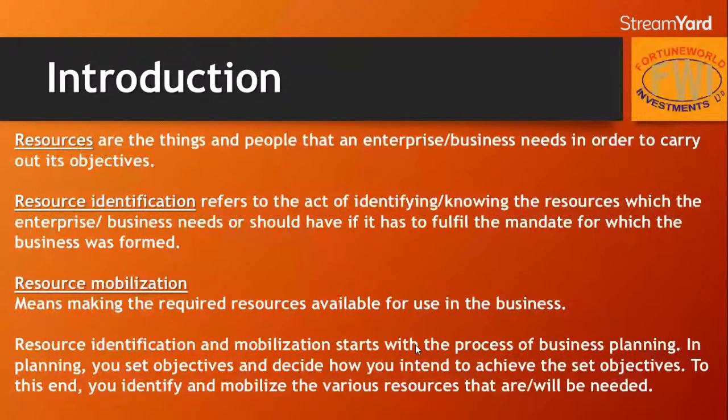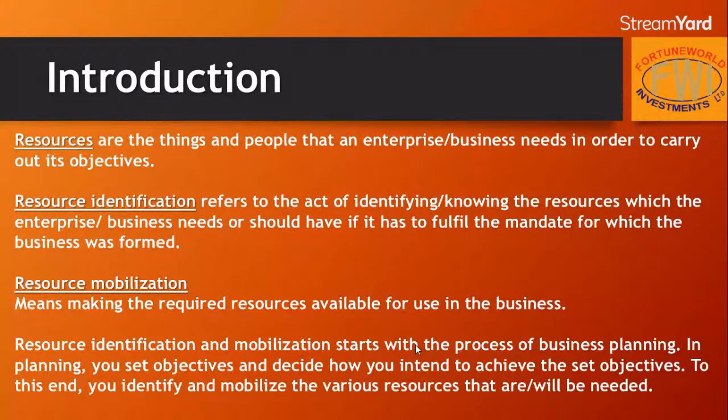So resource identification and mobilization starts with the process of business planning. You first of all plan as a business person. You plan as a cooperative, as a women's group. The 20 of you in that cooperative or the 10 of you will sit down. You will plan what you want to do. You will plan how you will do that business. You will identify what resources are needed in that business.